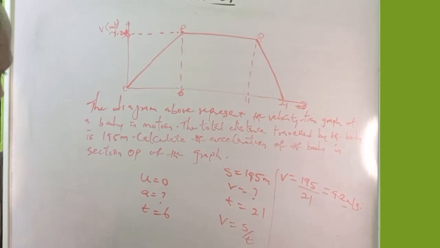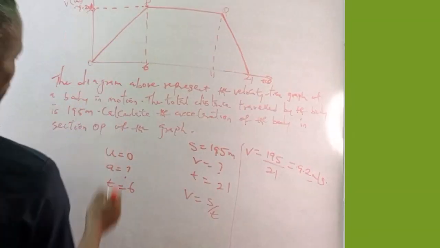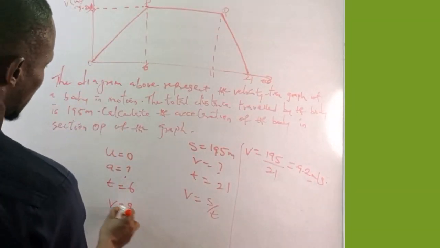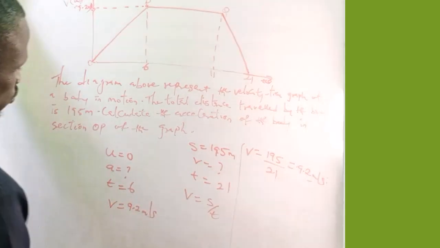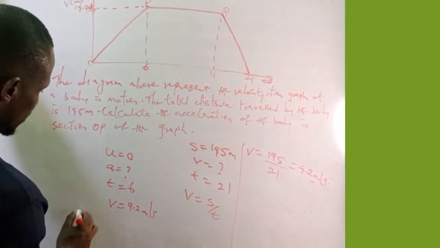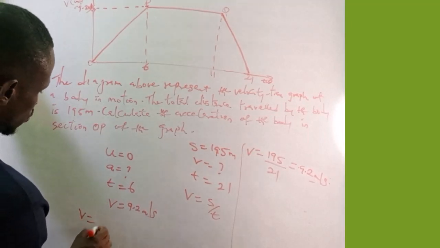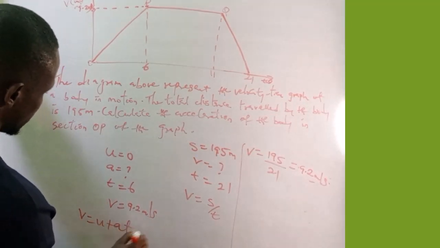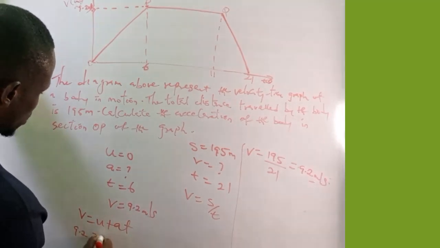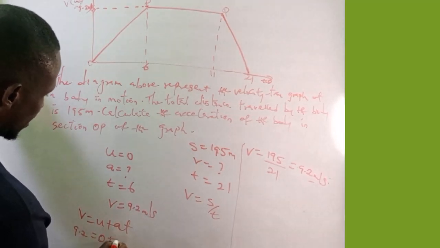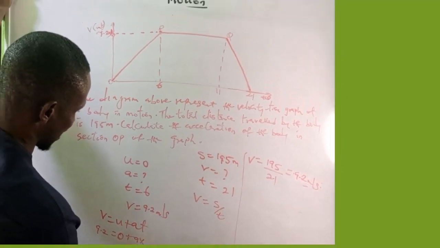So if that is so, we have known our V to be 9.2 meters per second. So now, how do we know A? V is equal to U plus AT. V is 9.2, equal to 0 plus A times time.